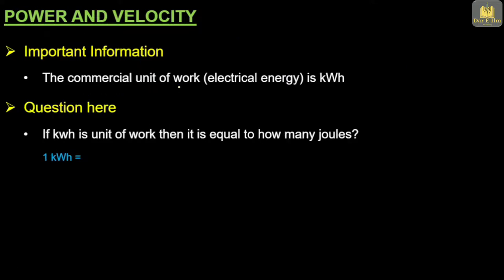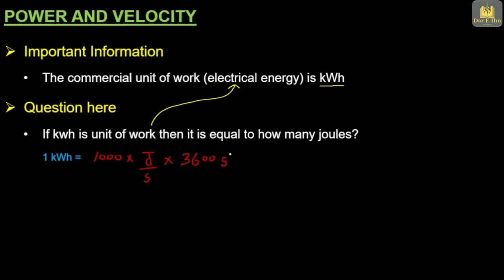Also, the commercial unit of work, that is electrical energy, is kilowatt hour. Now the question arises here that if kilowatt hour is the unit of work, which is electrical energy, then it is equal to how many joules? I will write the value of the prefix kilo, which is 1000, and the value of this watt in terms of unit, that is joule per second, multiplied by the hour converted into seconds. It will become 60 minutes multiplied by 60 seconds, which is 3600 seconds.